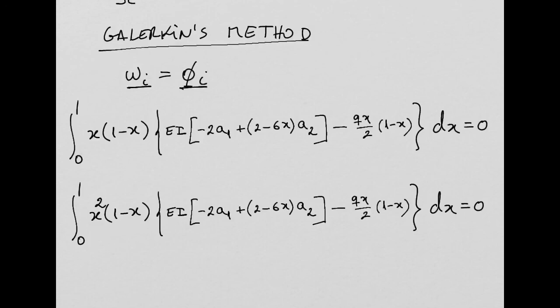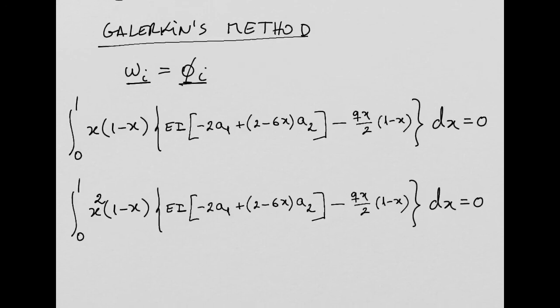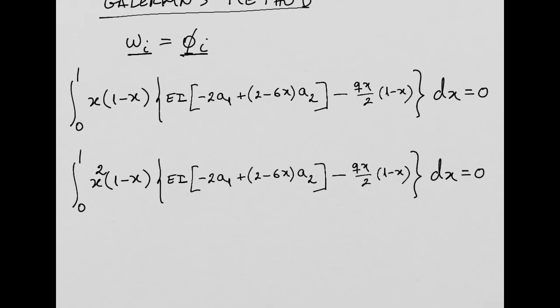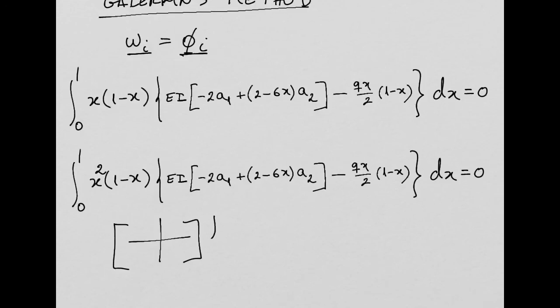And the good thing about this now is that, if you look at this, I have the integrals. So I'm going to have here a 2 by 2 matrix that is going to be multiplying A1 and A2, which is what we are looking for.